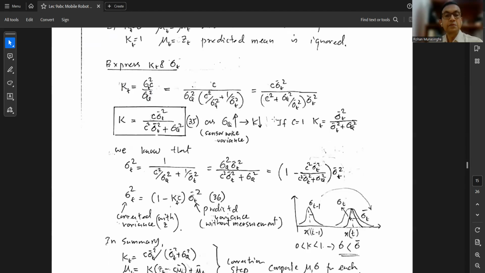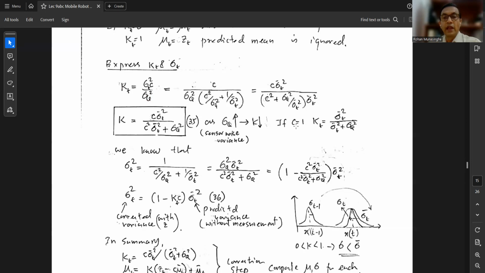Right. Then this will bring you to equation 35, which is C sigma bar squared over C squared sigma bar squared plus sigma_q squared at time t. So every time step you have to calculate this one. All right. And it also shows you the same thing: when sigma_q increases, when you have a lot of noise in the sensor, K drops.